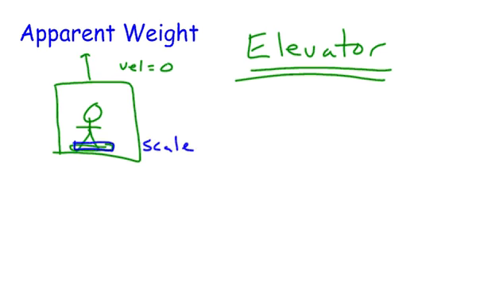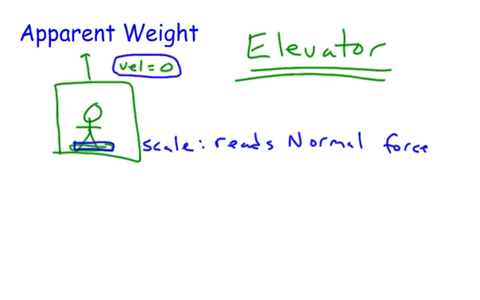What the scale reads is not your weight, but the scale actually reads the normal force. It reads the force that the scale is pushing back on you to prevent you from, well, falling through the scale. So when we're in this elevator and the velocity is 0, so we're stopped, we've got the force of gravity pulling us down.